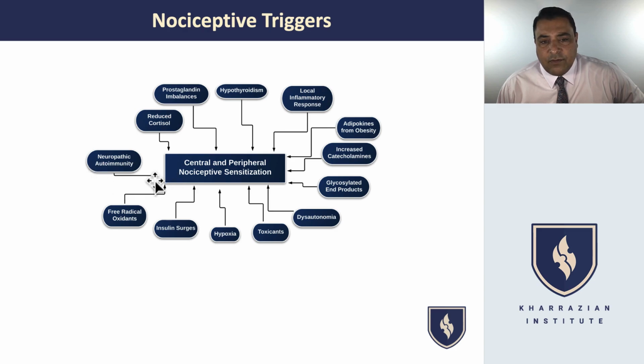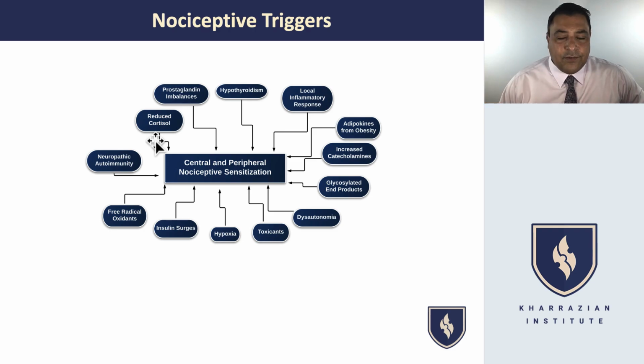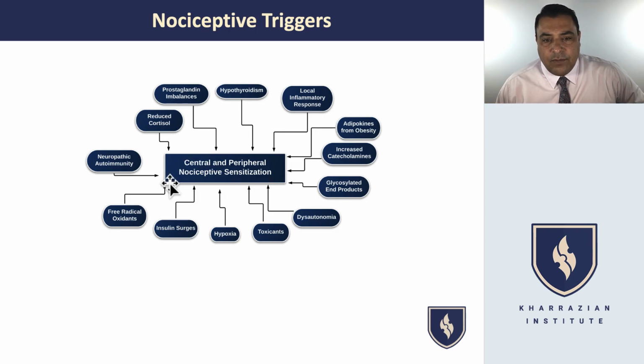Autoimmune diseases that really impact sensory ganglia themselves, sensory tissues, brain can cause pain disorders, both peripheral and central. Neuropathic pain disorders. Lack of cortisol. Cortisol has an anti-inflammatory response. People that just stop producing enough cortisol throughout the day because of fatigue issues, what we call adrenal fatigue issues, or we see low cortisol output throughout the day, they can have increased central and peripheral sensitization of pain.